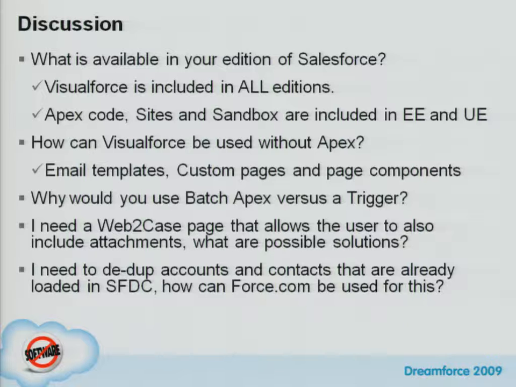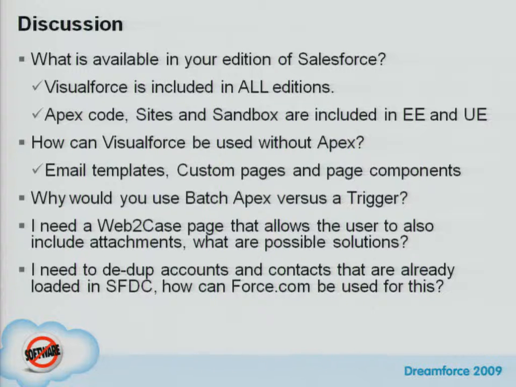So let's talk a little bit about editions, because it's obvious that with Unlimited, I can do a whole lot. What about if I'm, say, a Professional Edition customer? How much of what we just saw can a Professional Edition customer take advantage of? So Visualforce is supported in all editions.